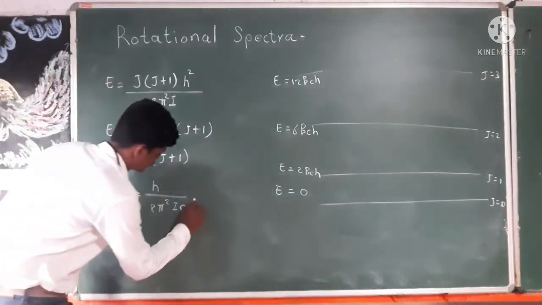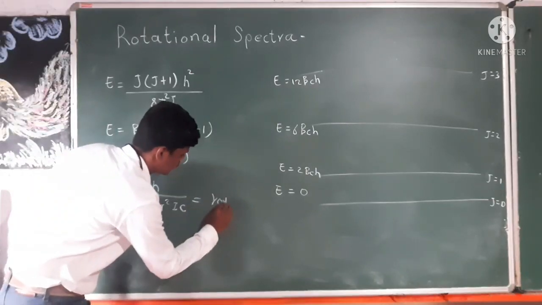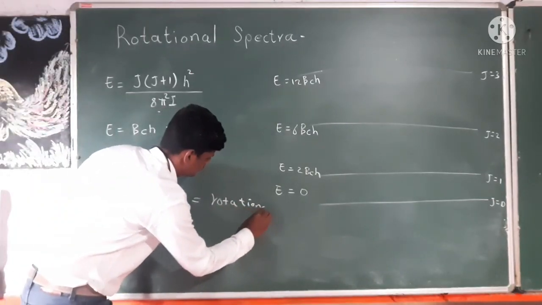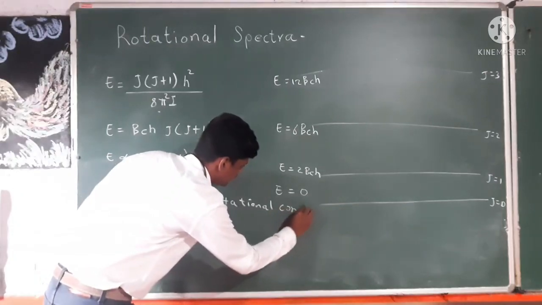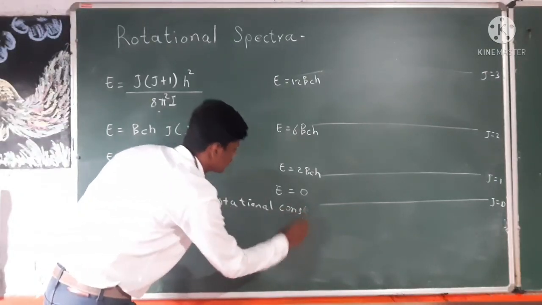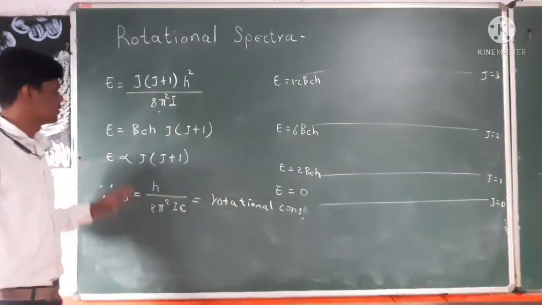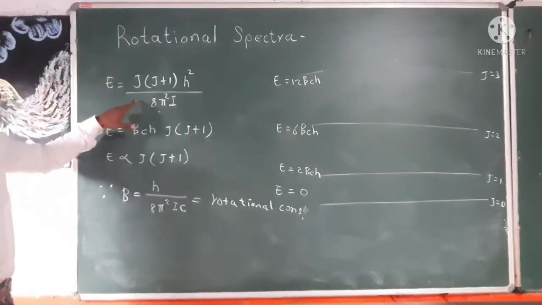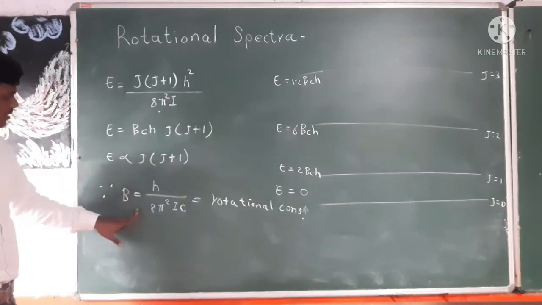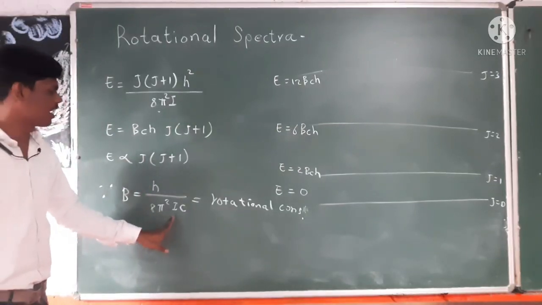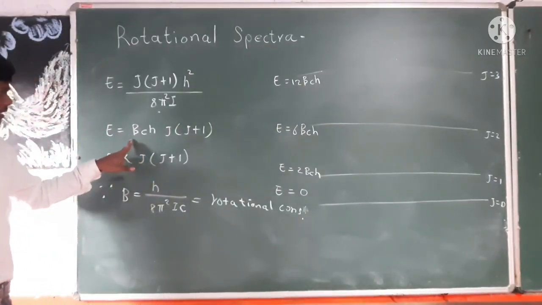B is h by 8 pi square I c, so we just put the value of B here.